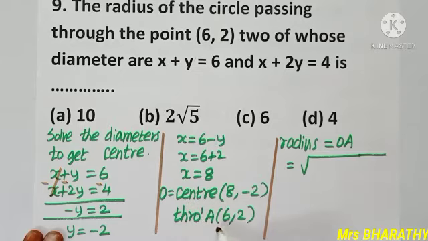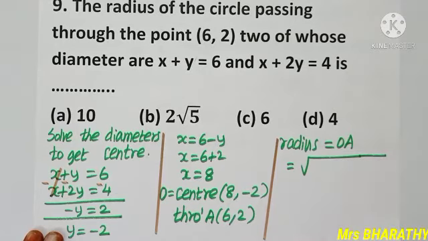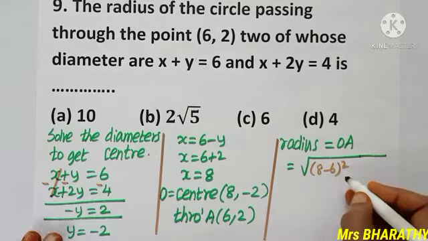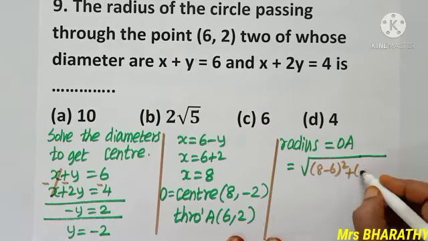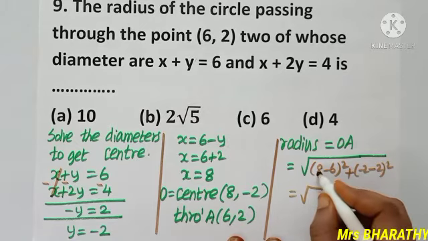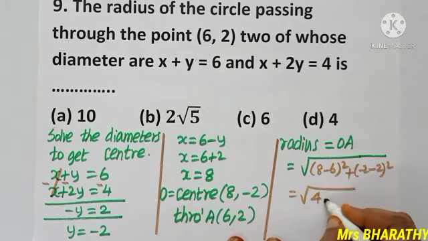So what is the radius? The distance between the center and the point it passes through. So OA we call the radius. Using the distance formula, it is root of (8 minus 6) the whole square plus (minus 2 minus 2) the whole square. As we simplify, it is 2 square, that is 4, and 4 square, that is 16.